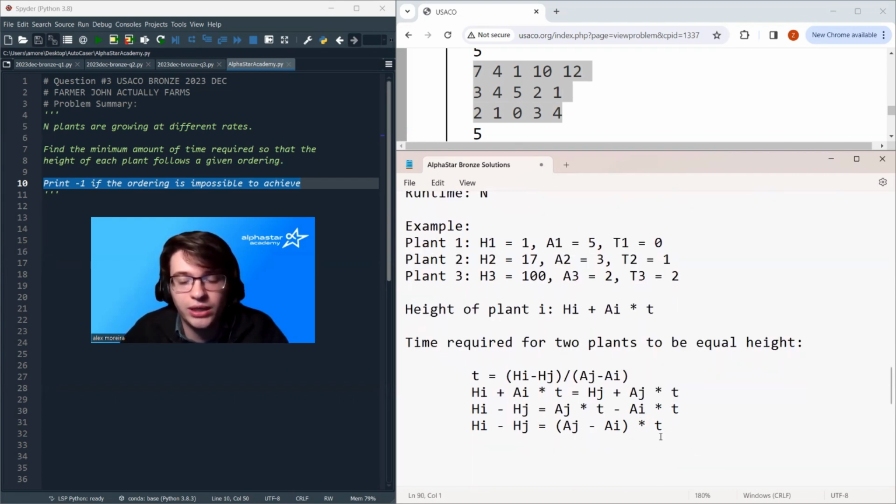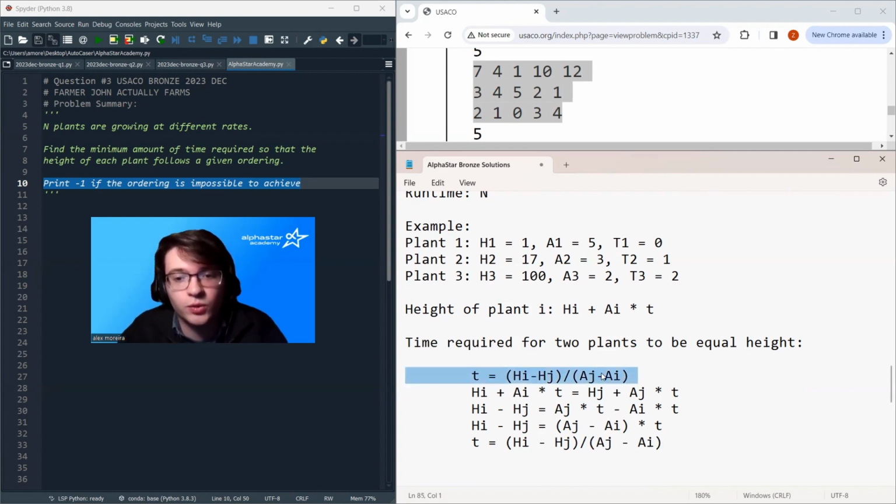And we're going to continue on here. So what's the next step? Well, we want to isolate t, right? So this is the minimum amount of time for them to be equal. So we're going to divide by aj minus ai. So we get t is equal to hi minus hj divided by aj minus ai. And that's where this formula comes from.